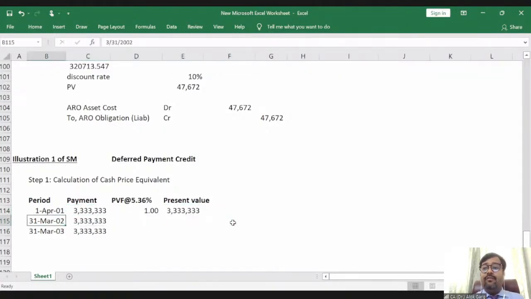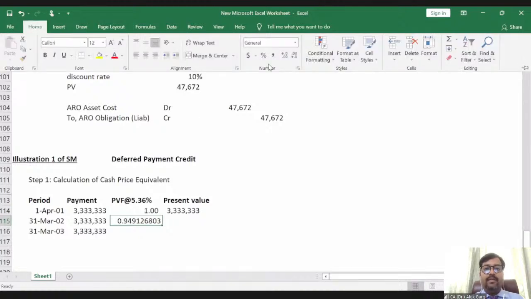Now, at the end of the first year, what will be my present value factor? 1 divided by 1 plus 5.36%, so it is 0.949. Clear?